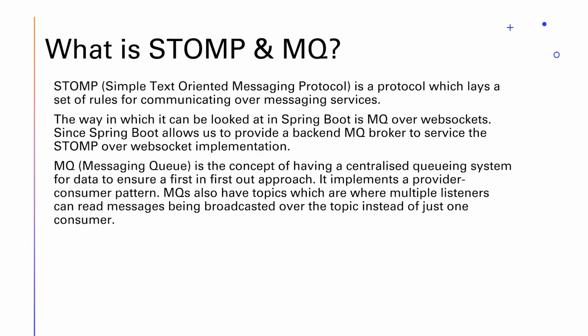So it's the idea that you have multiple consumers processing the same data, which is what the Stomp approach is for in this Spring Boot application, because you have all of these people on the front end listening for changes of the data, so that when the backend goes, oh, there's some change to the data, they all update to be the latest version of what they need to be. So that's what you're ensuring.